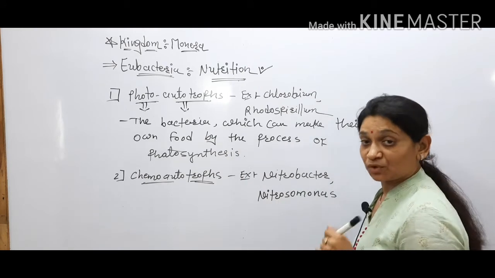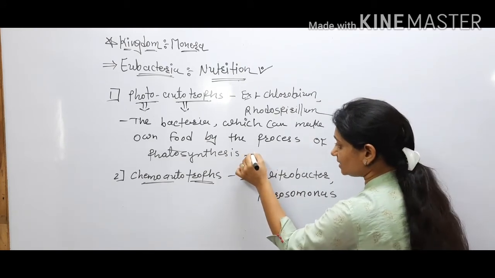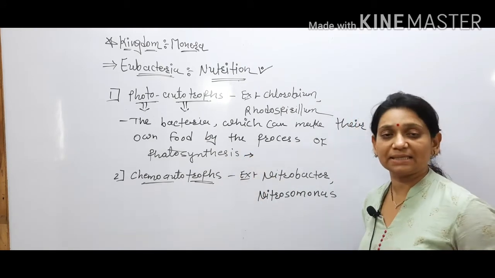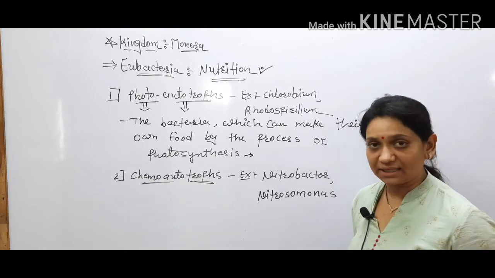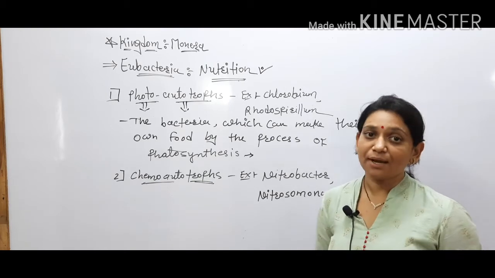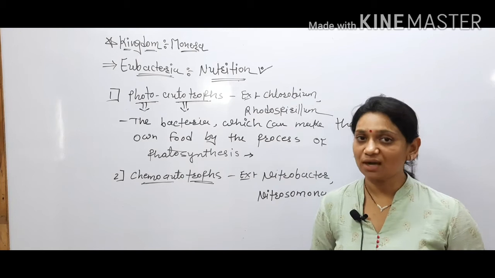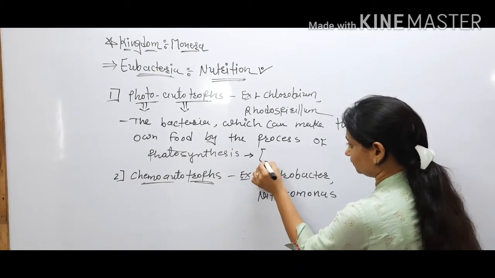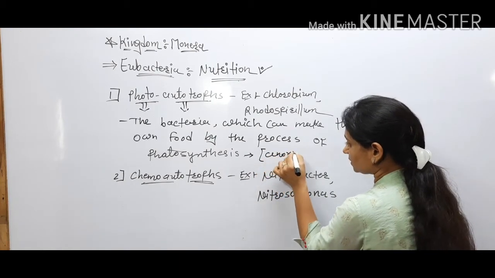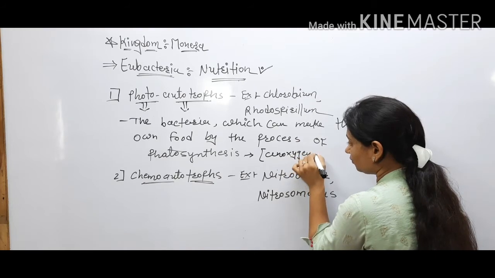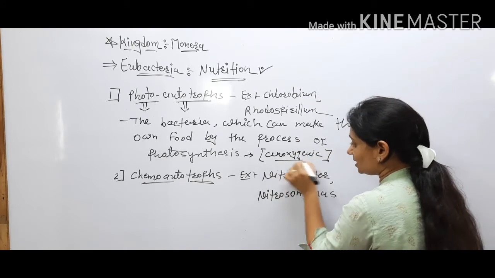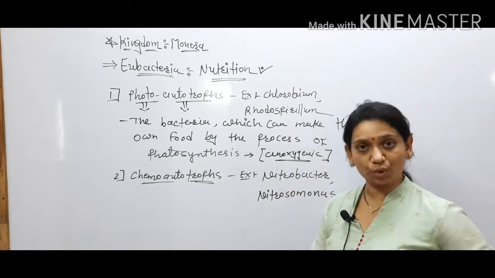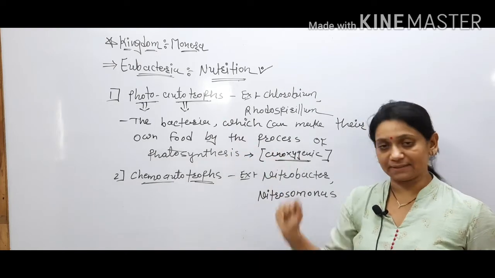Fine enough. Now over here the photosynthesis is an anoxygenic type of photosynthesis, meaning they are not using oxygen over here and not producing oxygen in this.